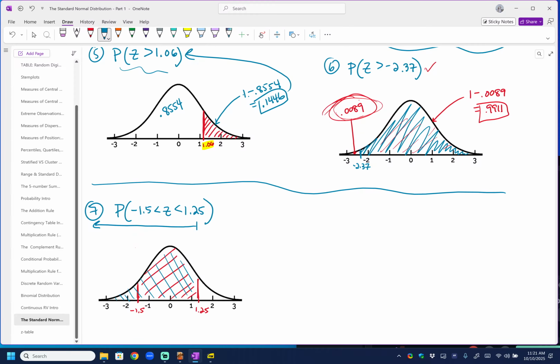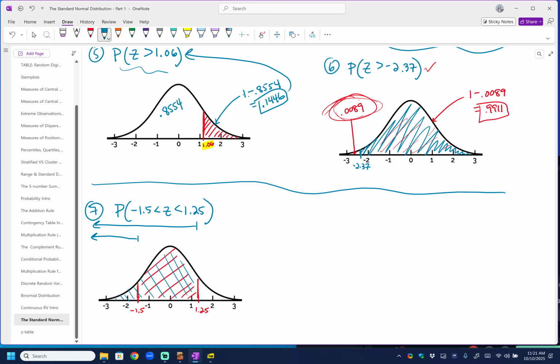Well, if you look at the shade that I have here, we want the area where there's both red and blue shading. We need to take out the area that's just blue over here. If you think about it logically, that area is the area below negative 1.5. So all we have to do basically is find that area and subtract it from the other one.